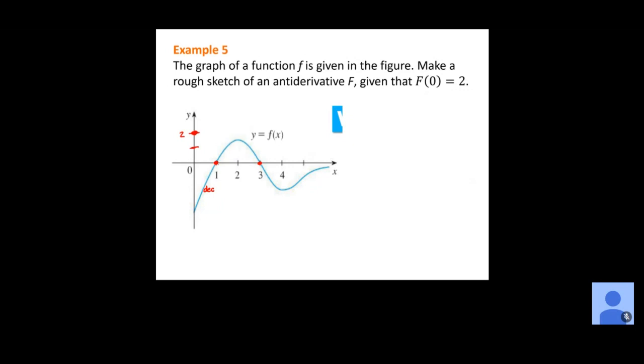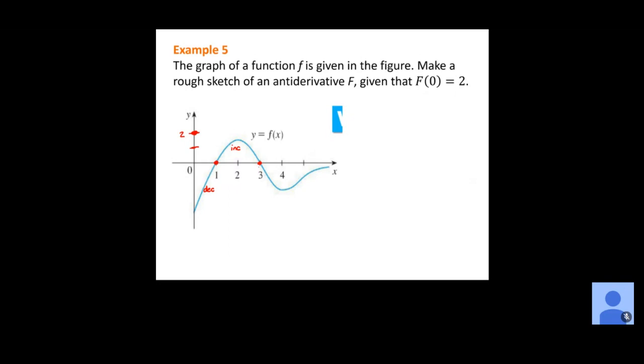Now, once we get to 1, we hit 0, and then everything between 1 and 3 is in the positives. So what does that tell you about your graph from the interval 1 to 3? It's increasing now, right? So everything in here from 1 to 3, because the derivative is positive, everything on your original graph has to be increasing there.